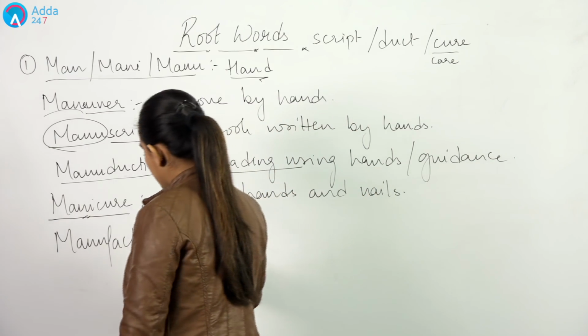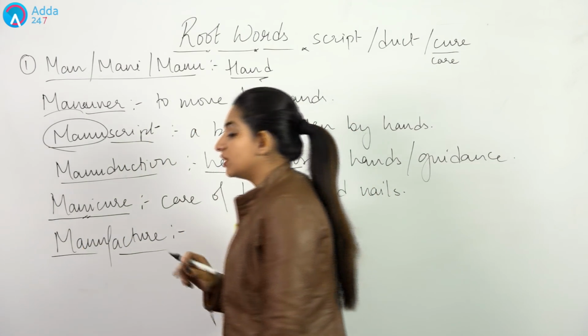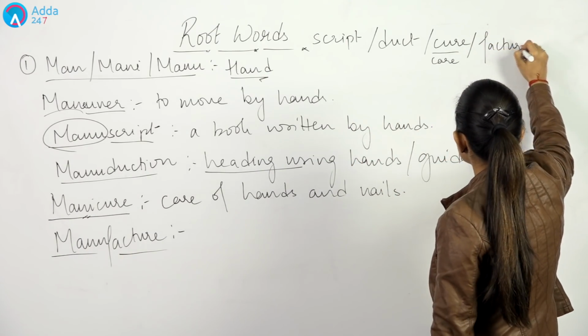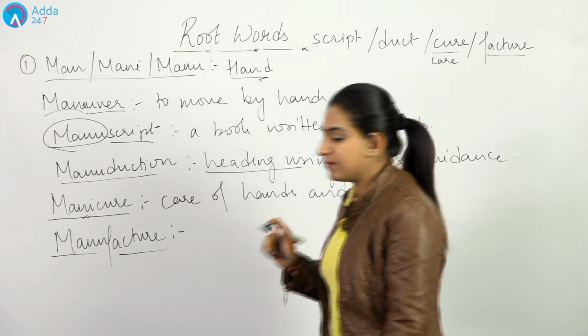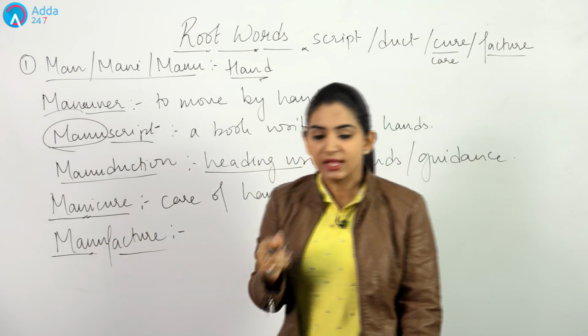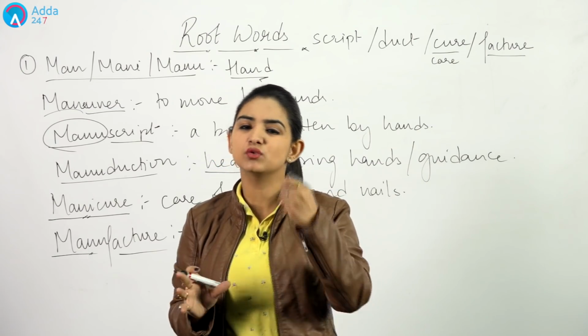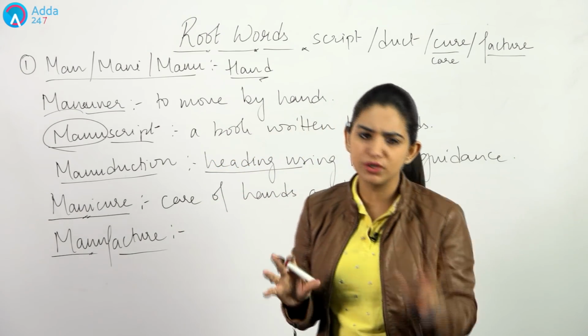Then we have the word manufacture. Facture means making, okay? Facture defines making something. And manu means what? Hand. In today's world, manufacture is a word that is associated with everything that has been produced somewhere.